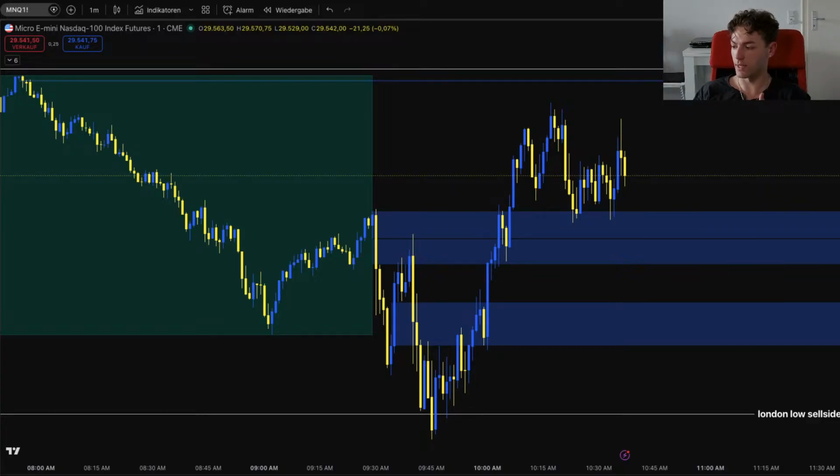The risk was really tight for that one. Yeah, for example, you gotta measure risk first. Look at your rule-based risk management model. Where should the stop loss be?